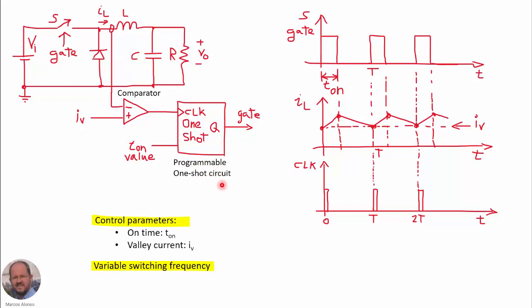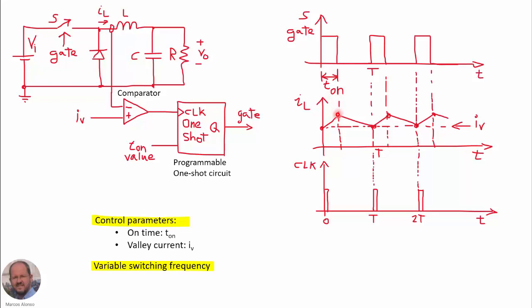So the idea is that using this programmable one-shot circuit, we are going to fix the TON time of the switch. So once the switch is on, the current through the inductor is going to increase, as shown here, until the end of the TON period.